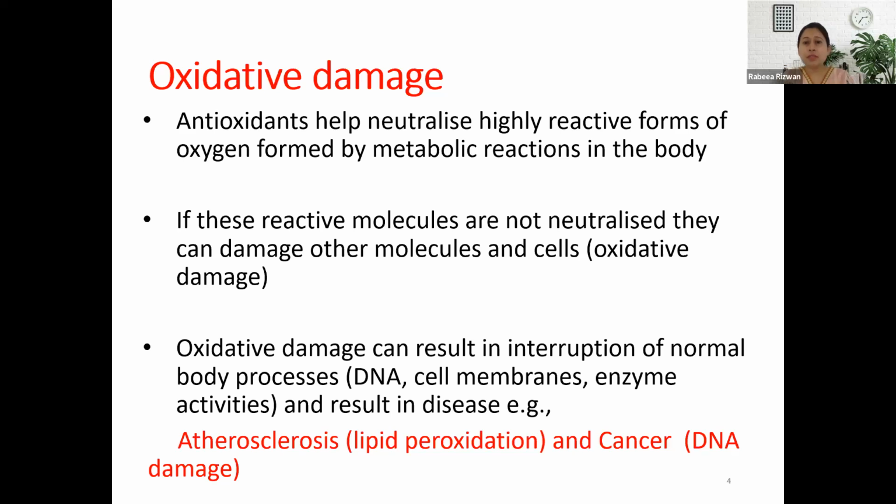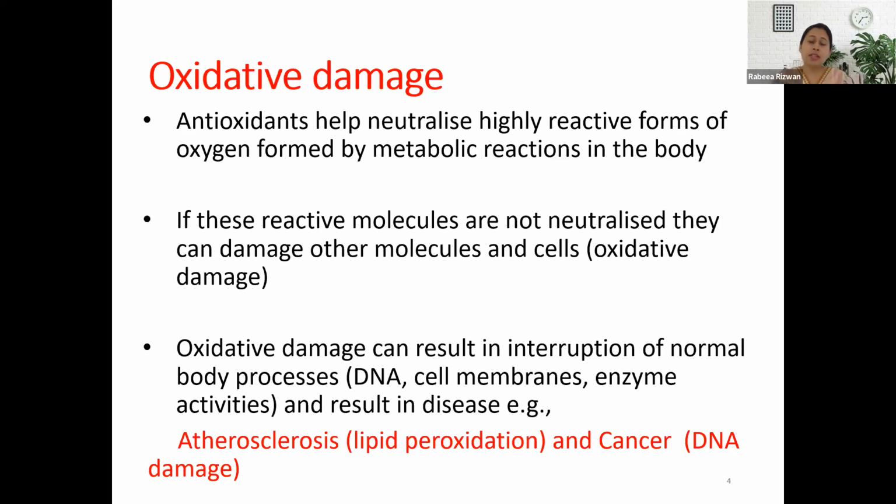So if these reactive molecules are not neutralized, these reactive oxygen species and free radicals cause more damage to our cells at the molecular level, and as a result cause some diseases or abnormalities in our body. So oxidative damage can result from interruption at the molecular level, how? To the DNA, cell membranes, and enzymes of our body.